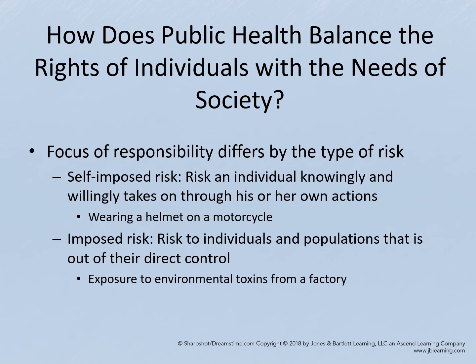So the focus of responsibility differs depending on whether the risk is self-imposed or imposed, as is the case of quarantine. Many people feel that their rights are being infringed because of quarantine, but the state has a responsibility to protect the society from the spread of this infection.